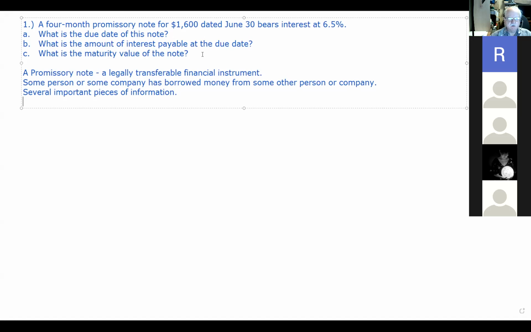It has to contain the amount borrowed, referred to as the face value.